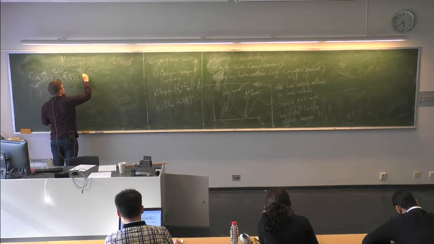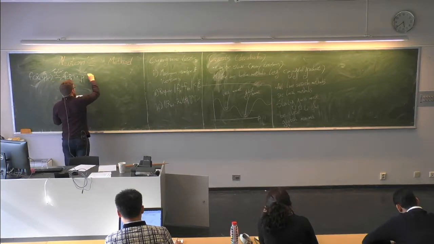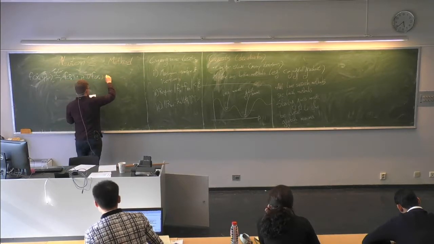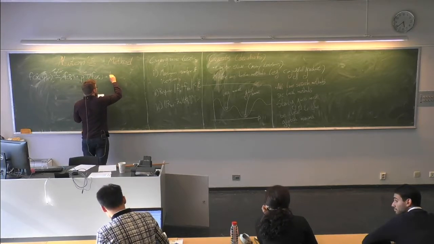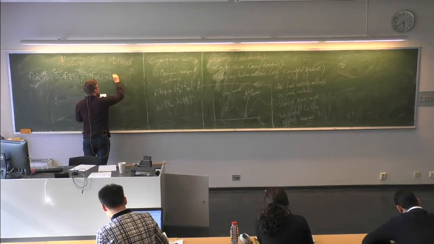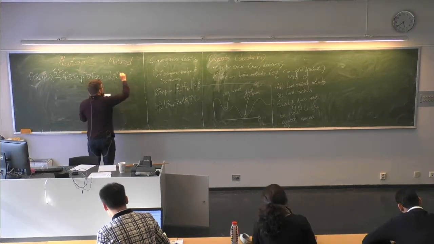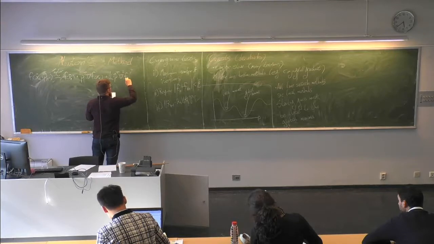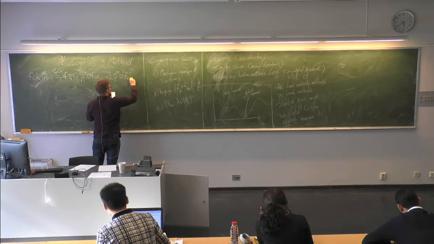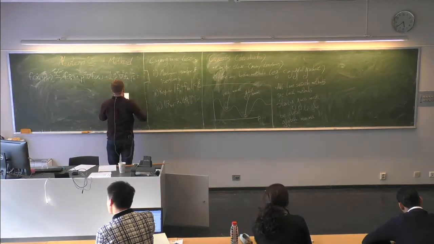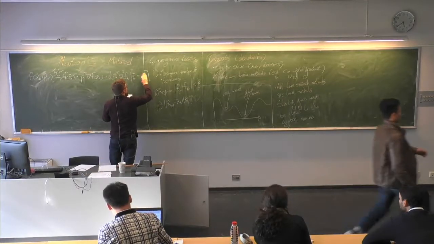Plus the transpose of the gradient of f of x times p_k, plus p transposed times the matrix times p_k. And I'm going to call this m_k of p.